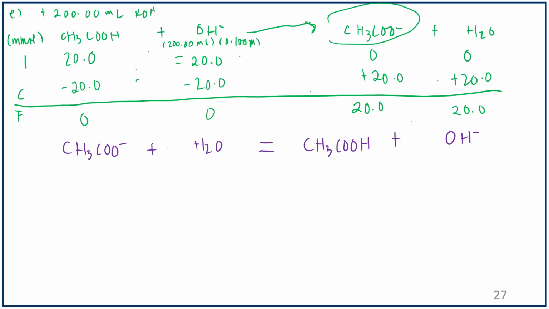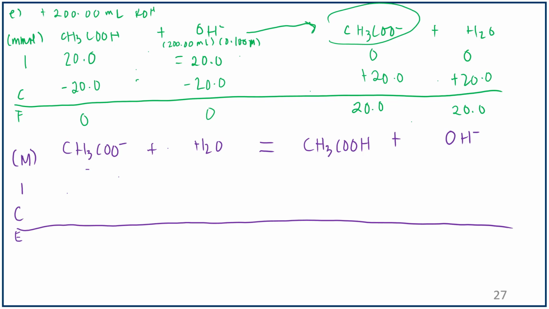And if we write an ICE table, there should be molarity, initial concentration, change, equilibrium. So here we have 20 millimoles of acetate ions. Since we're calculating for molarity, we have to divide the 20.0 millimoles by the total volume of the solution, which at this point is 100 ml of acetic acid plus 200 ml of KOH.